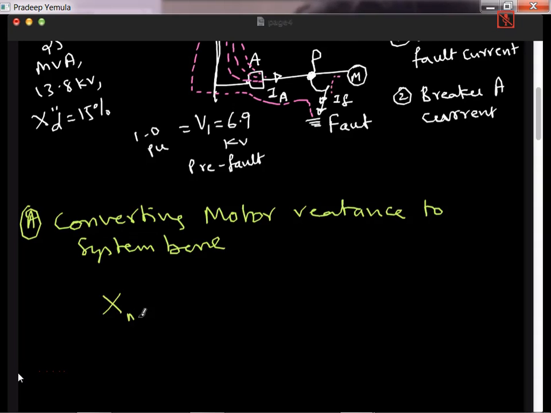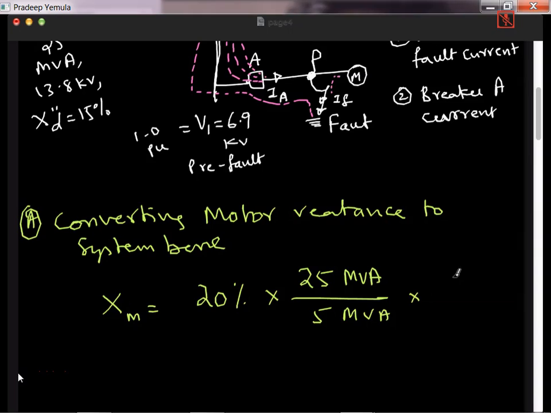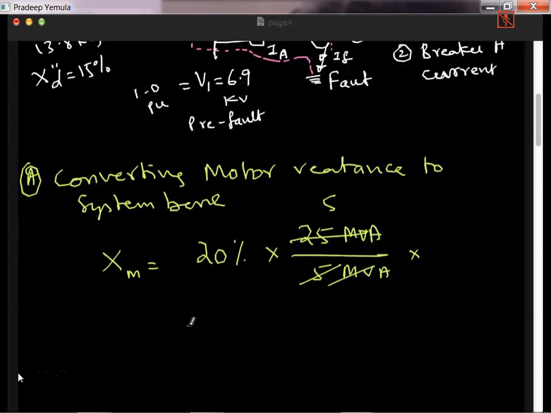XM is nothing but 20% multiplied by 25 MVA divided by 5 MVA. I'm not using the base voltage formula here because the base voltage is the same. So this will go 5 times. So 5 into 20 is nothing but 100%, or 1.0 per unit. So I got the impedance.